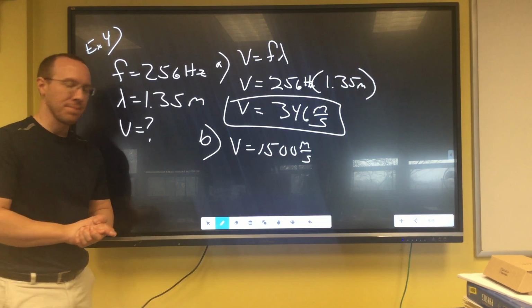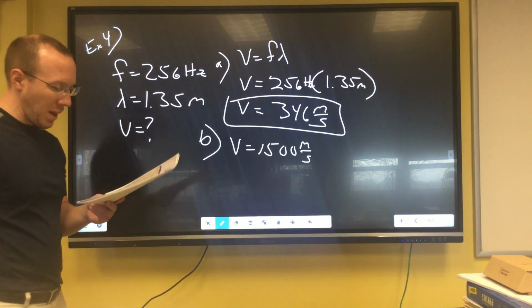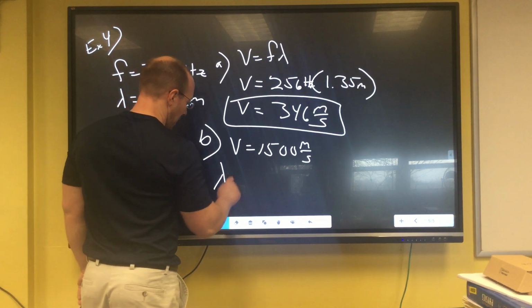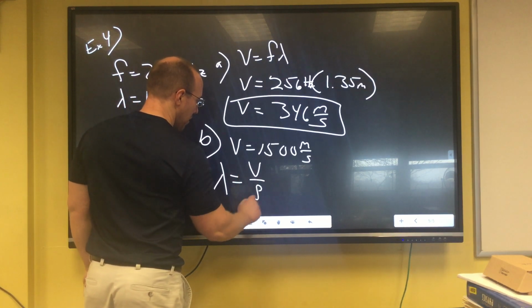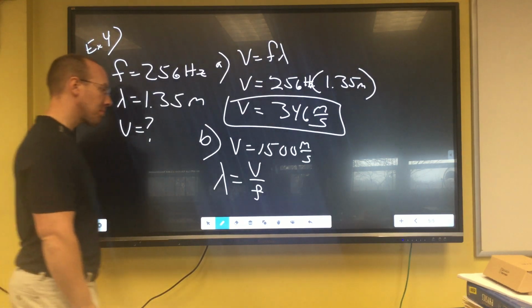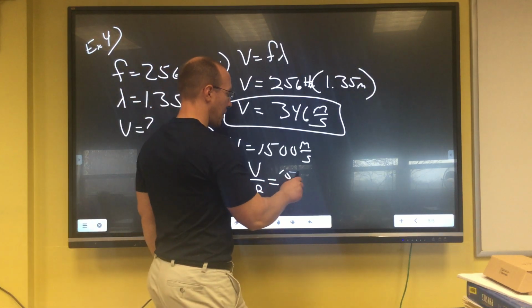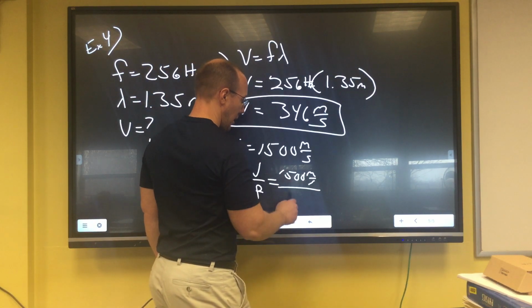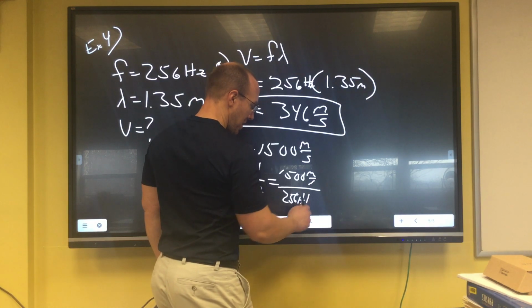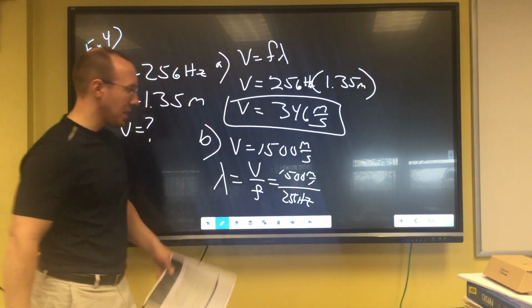Sound travels faster. All right, and so anyway, the last thing they want us to do here is find the wavelength produced by this. So I'm going to kind of shortcut this: V over the frequency. I have my velocity, I have my hertz, 256. For some reason today, I am missing numbers.